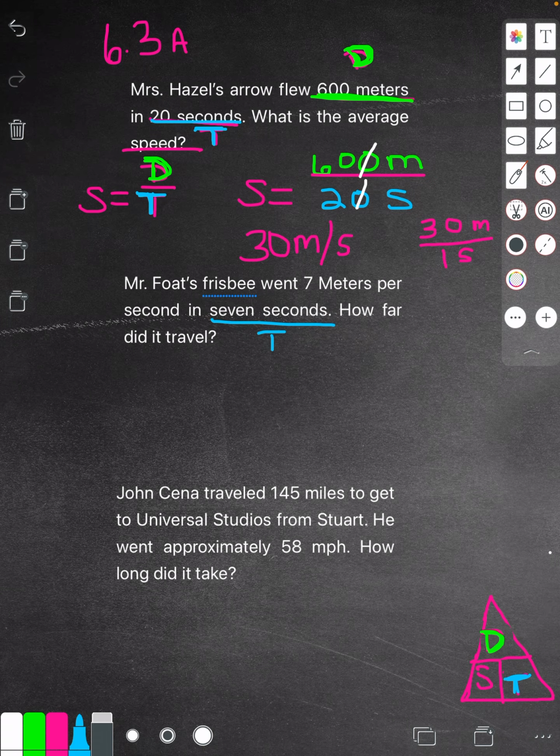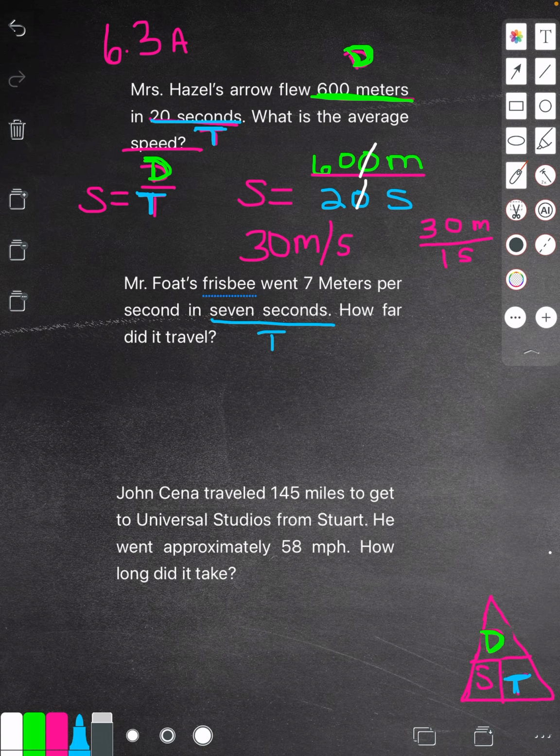His Frisbee went 7 meters per second. Now, if it just said 7 meters, we would know that we were looking at a distance. But that's not what it says. It says 7 meters per second. Think of this like miles per hour.